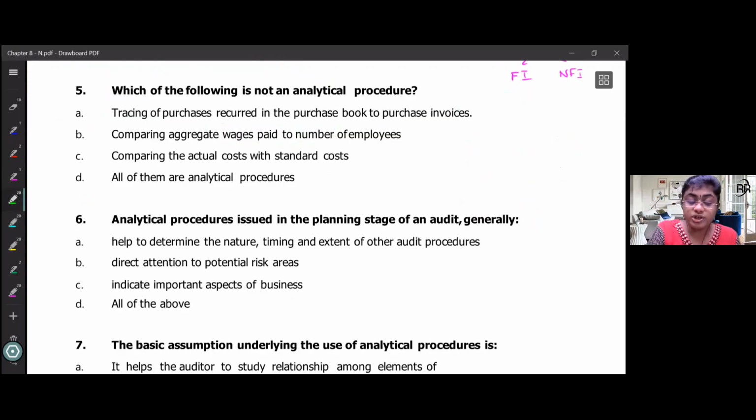Okay. Which of the following is not an analytical procedure? Out of these 4, we have to choose which is not an analytical procedure. Tracing purchases recorded in the purchase book to purchase invoice.